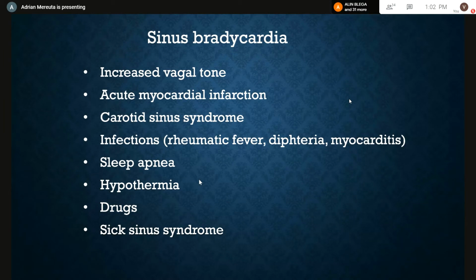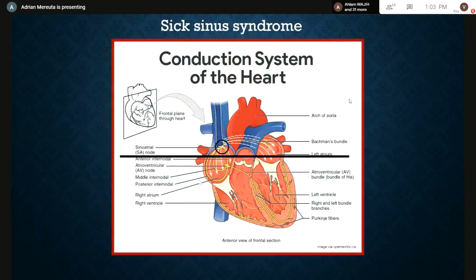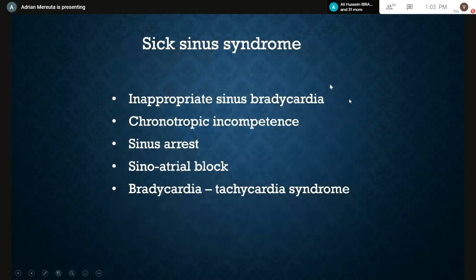Okay, drugs. We discussed drugs. Sick sinus syndrome, and I wanted to arrive at this one because it's the most important pathological problem at the sinus level. Okay, let's speak about sick sinus syndrome. Usually there are a few types of sick sinus syndrome.